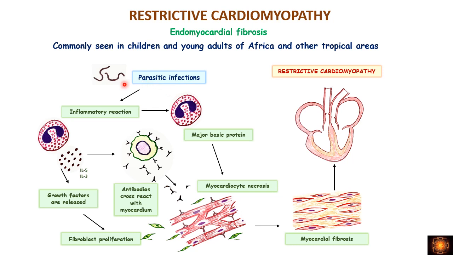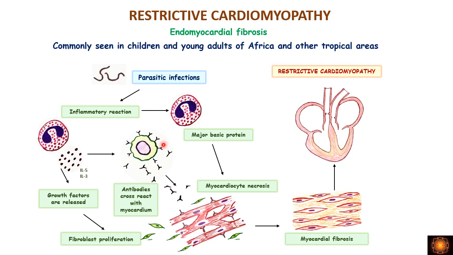So what they do is, when there is an infectious cause, there is activation of the inflammatory cells, and these inflammatory cells produce interleukins, they produce growth factors also. So these interleukins stimulate the other inflammatory cells to produce antibodies to destroy the infectious agent.